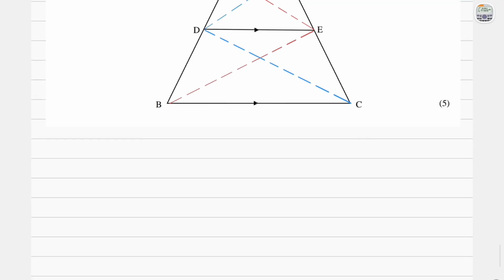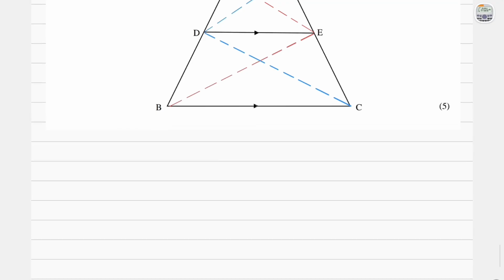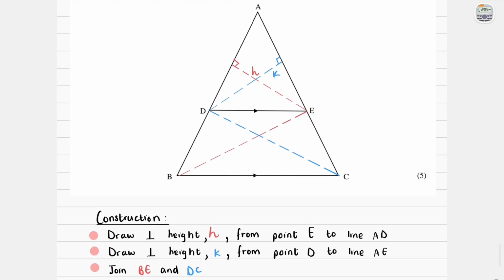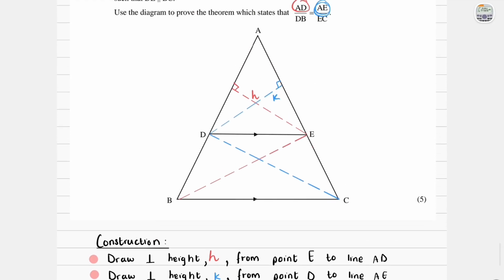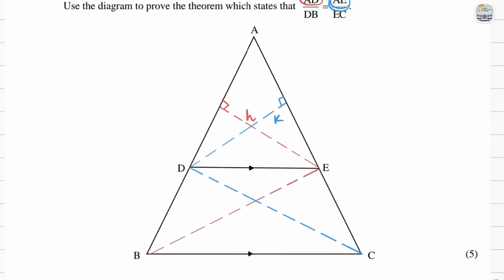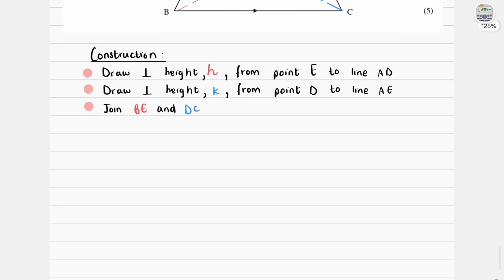Okay, so all we have to do is write down all the constructions that we have made. And then once you write your construction, we can start proving this. We're going to use the areas of these triangles because that will help to include these sides as bases.